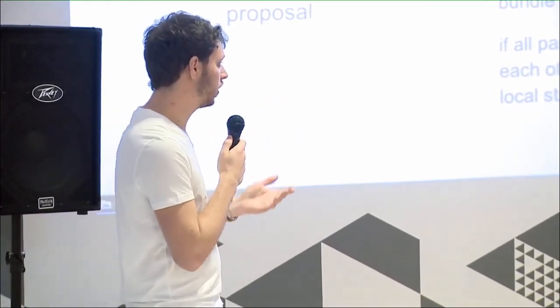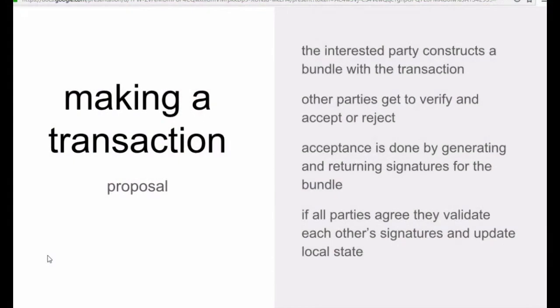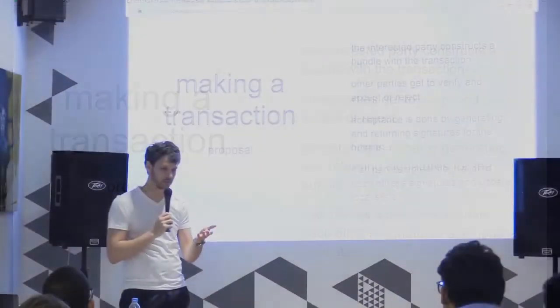So if all parties agree, they validate each other's signatures, and once that's done, you get to update the channel on each party. Meaning, I have a party, I'm one of the parties interested, and he's the other one. Both have the state of the channel in full. 100% of the state lives in every computer, or in every machine, or in every cell phone.